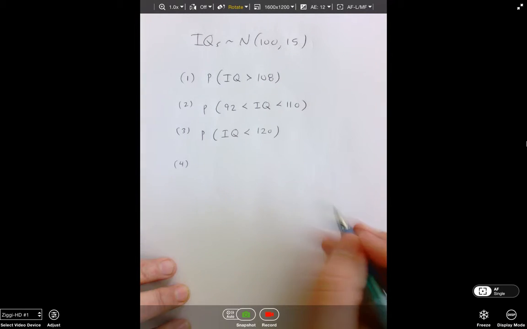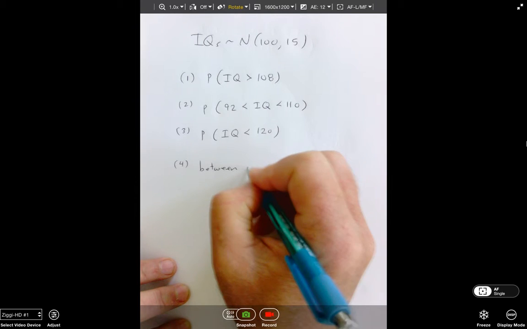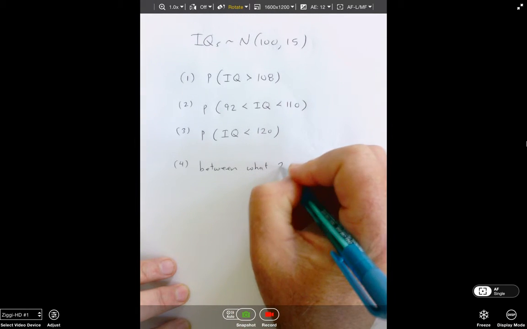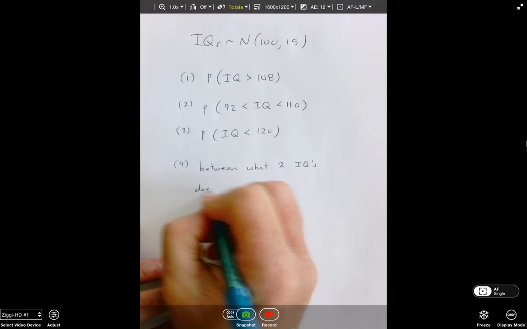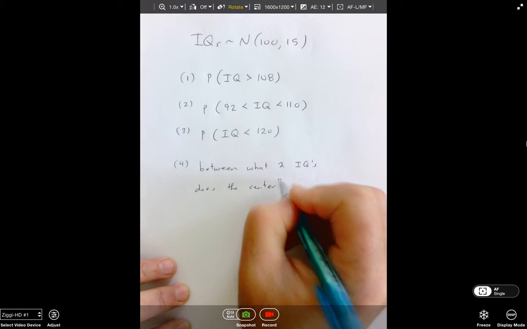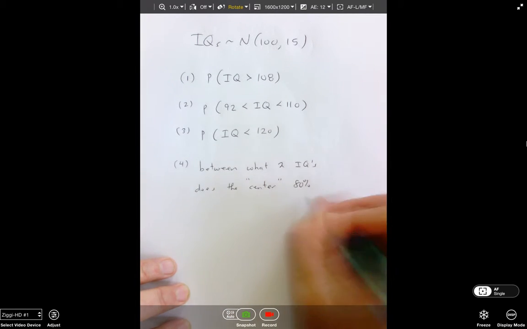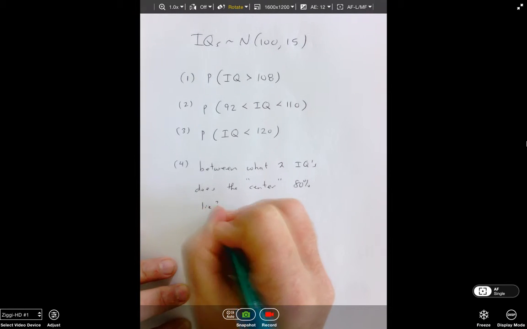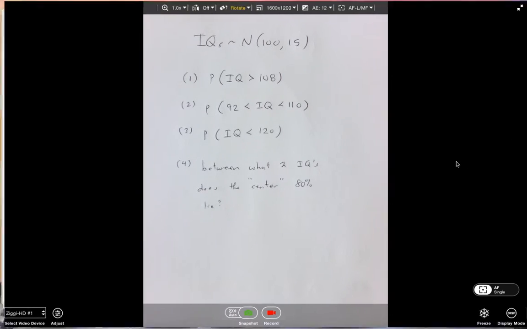And between what two values, two IQs, does the center 80% lie? Now these are going to be really easy to use with the calculator. Let's do that. All right.